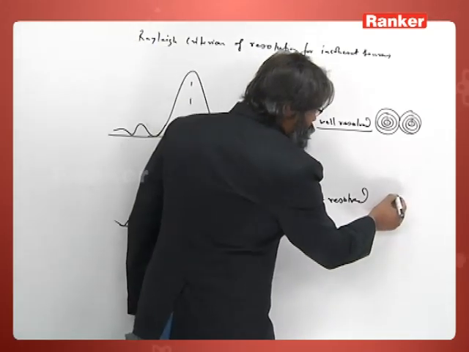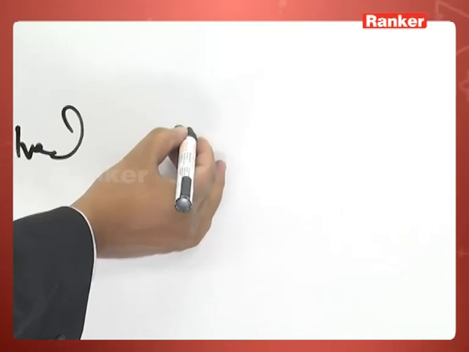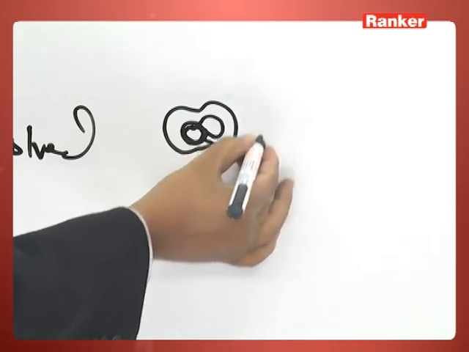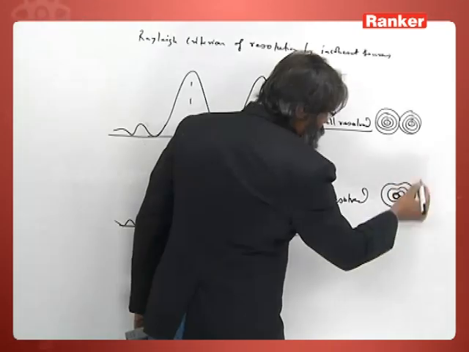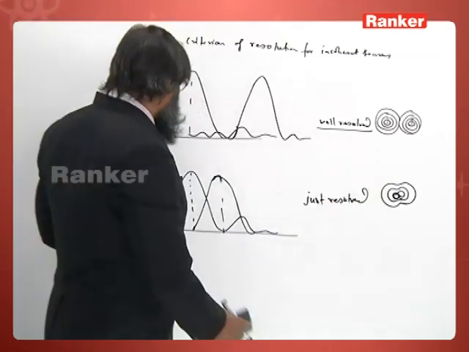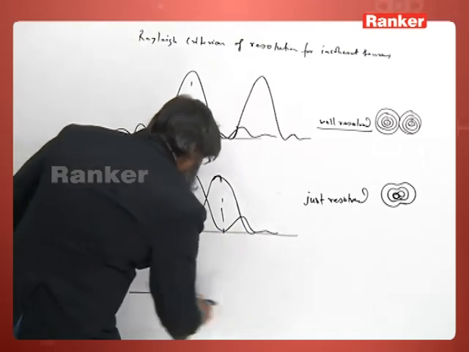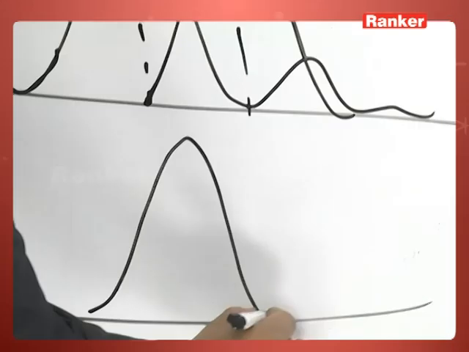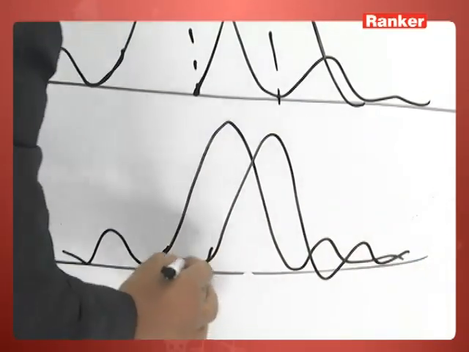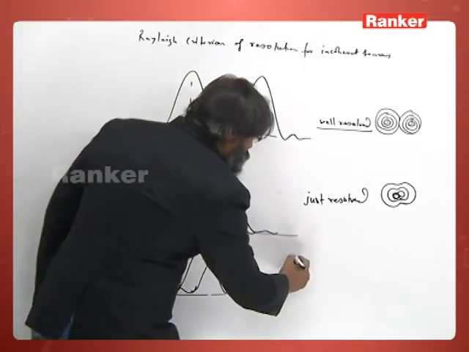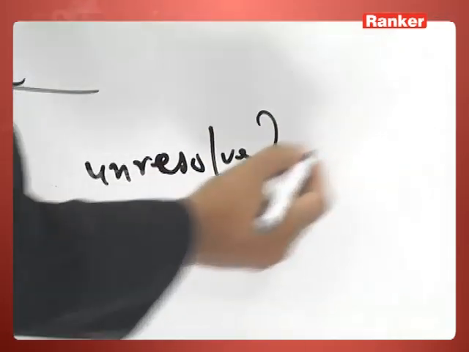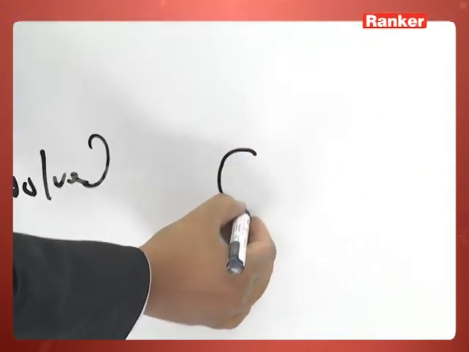Here we will get a picture like an 8. So they are just resolved, we can just say that there are two objects. Now when they completely overlap like this, you see this is unresolved. So the image will be, we can't tell.